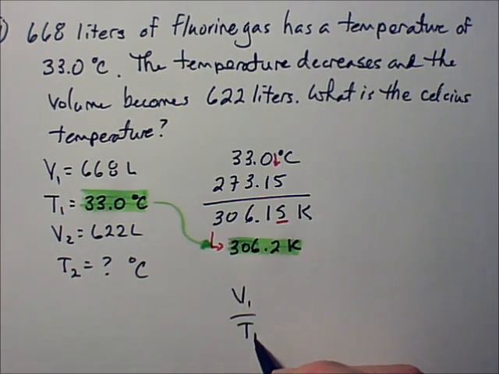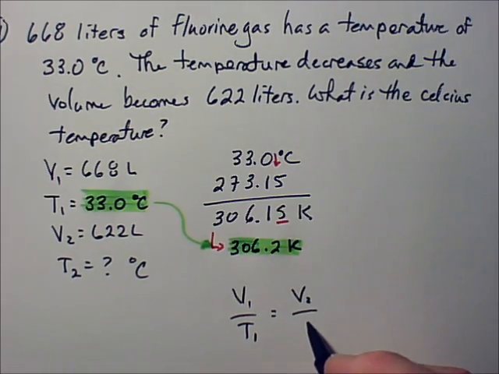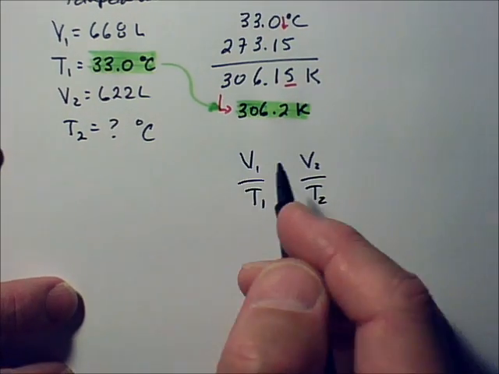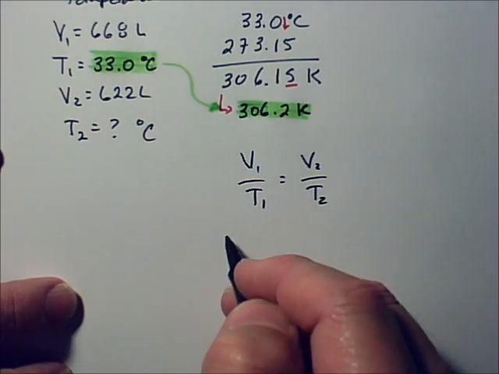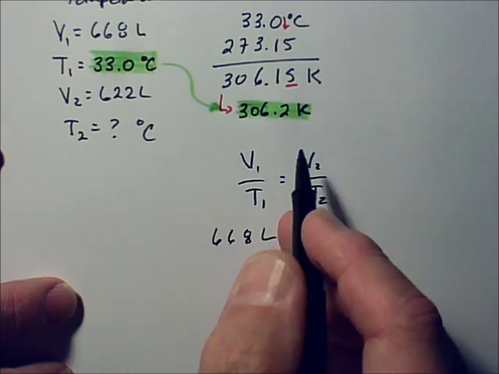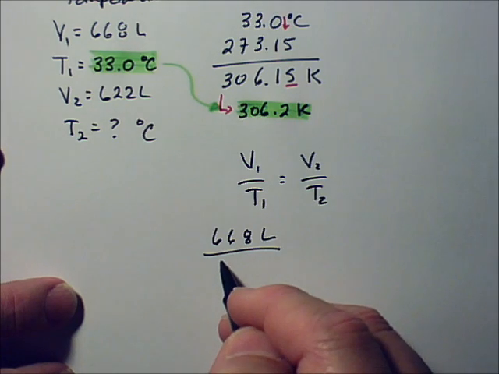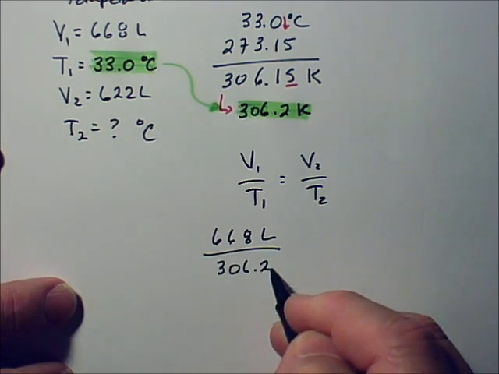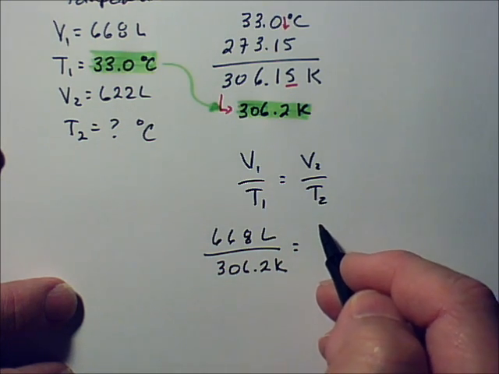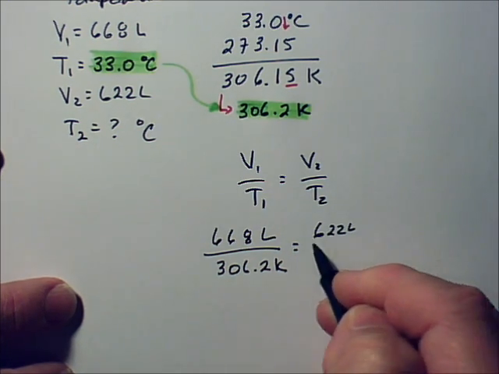V1 over T1 equals V2 over T2. I'm going to slide it up. Plug in the values we have. Then we've got V1, 668 liters over T1, which is 306.2 K. V2 is 622 liters.